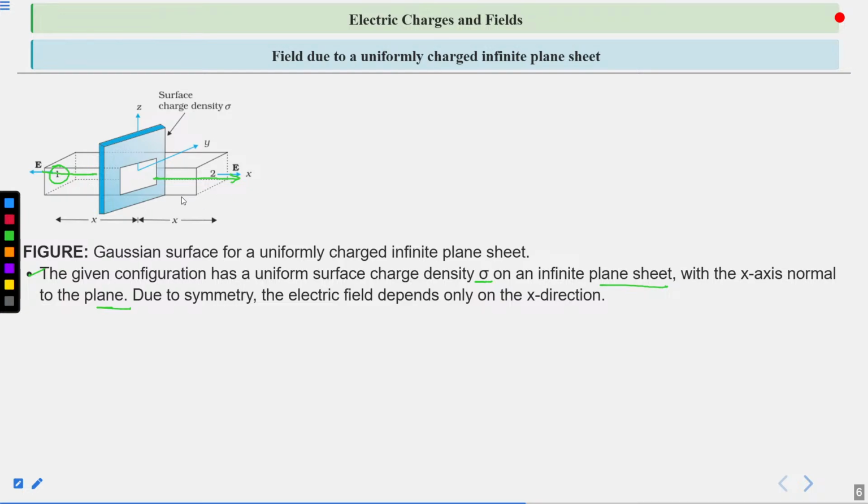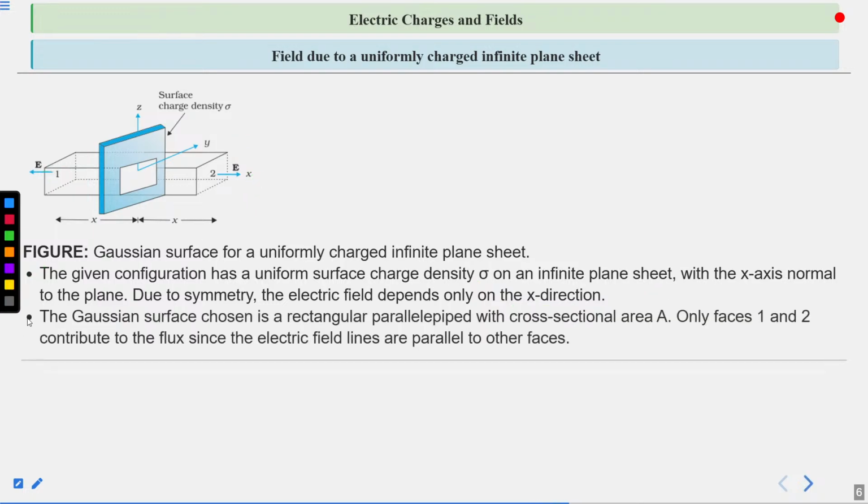Now due to symmetry, the electric field depends only on the x-axis. The Gaussian surface chosen is a rectangular parallelepiped with cross-sectional area A. So the cross-sectional area of this region is A. Only the two phases contribute to the flux, since the electric field lines are parallel to the other phases.